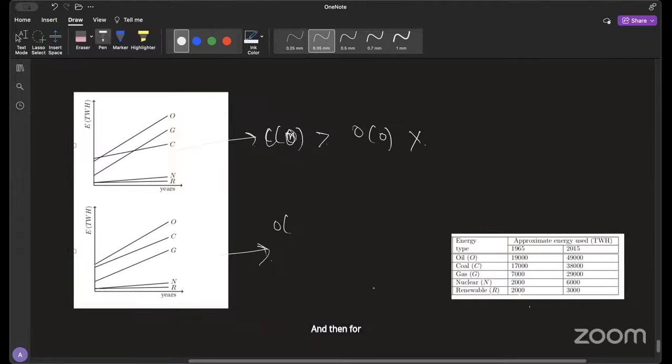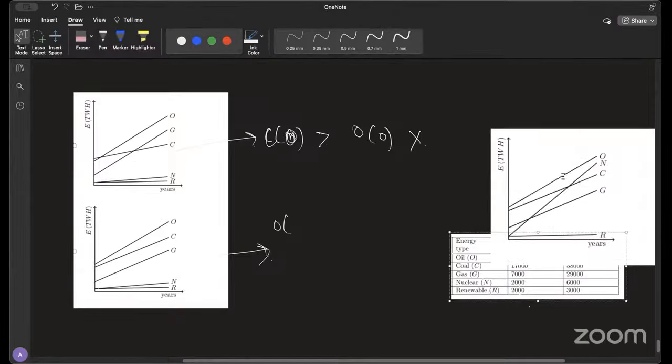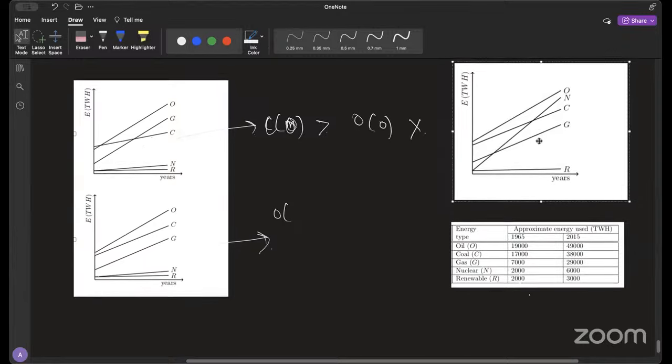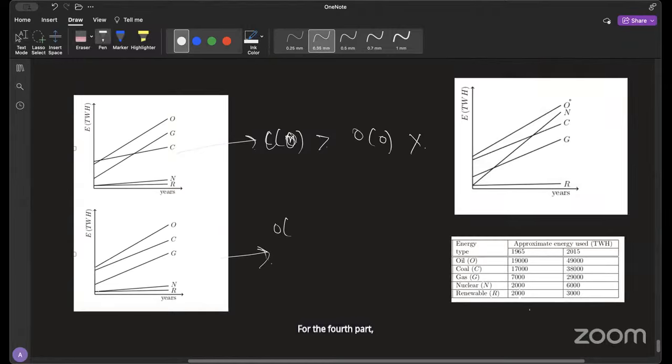And then for the fourth part, let me just paste the fourth part here. For the fourth part, oil follows, and N and R are equal, that also follows initially.